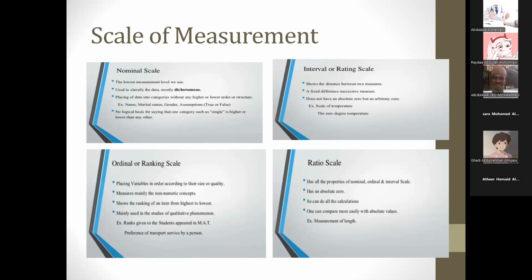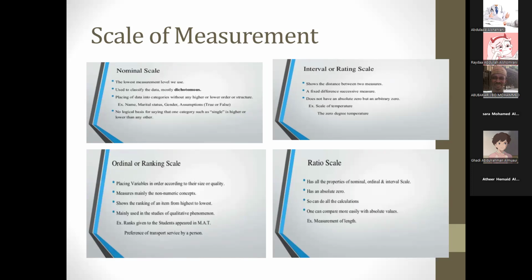Now, if the data is on an ordinal scale or ranking scale, that is, it places the variables in order according to their size or quality, like small, big, bigger, or mild, moderate, severe, or intern, specialist, consultant, as the case may be, you are ranking.